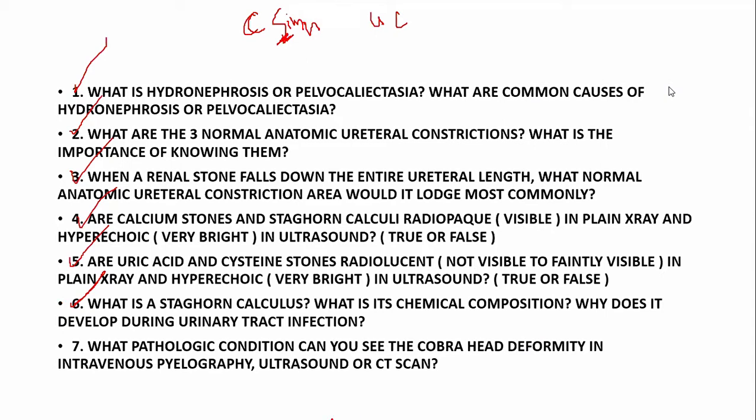And then to add to it, the Proteus, from the name itself, are urease producing microorganisms, di ba, yung medtech. The Proteus are urease producing microorganisms which convert urea to ammonia. And this reacts with hydrogen to become ammonium.